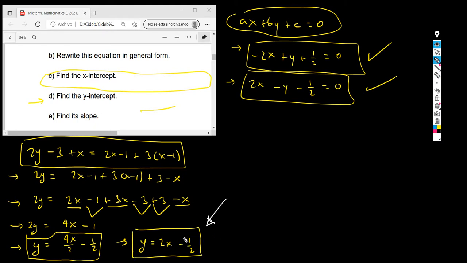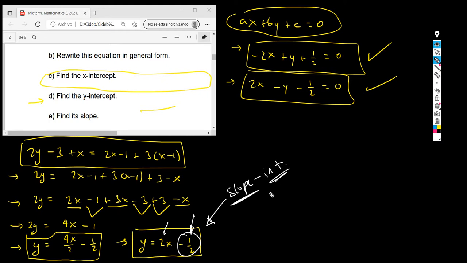This is a slope-intercept form. What information does this form give you? It gives you the slope, which is 2, and the intercept, which is minus 1/2. You have to pick the number and its proper sign.